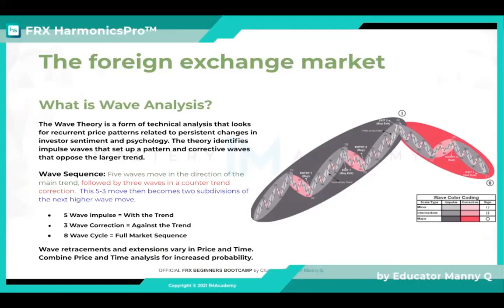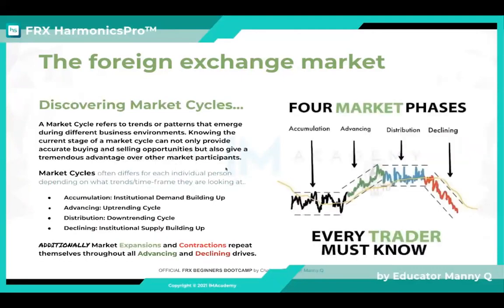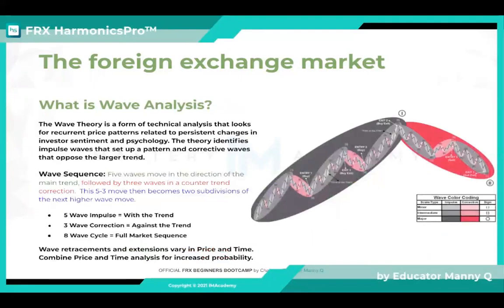That simply means that the reason why the market is repeating this pattern, much like discovering the market cycles of the banks accumulating, advancing, distribution, and declining, or the expansion and contraction where the market needs to make a big move, rebalance, make a big move, rebalance. Okay. This is like the same concept. It has to make a big move and then balance, make a big move and then balance.